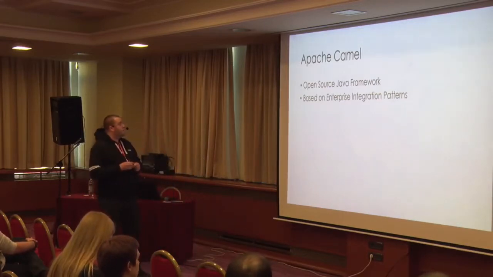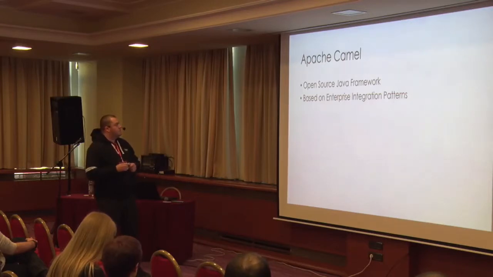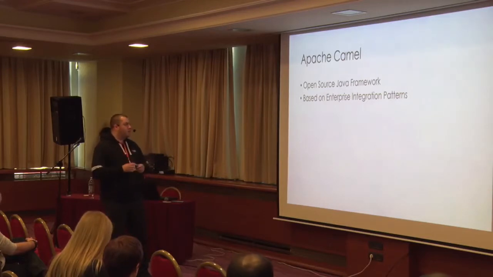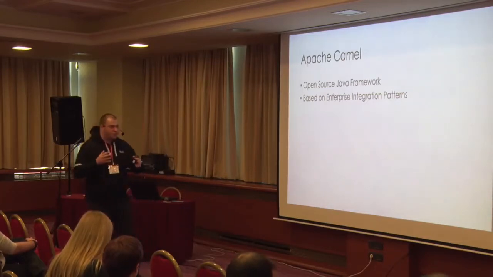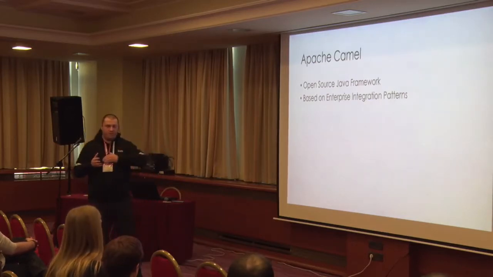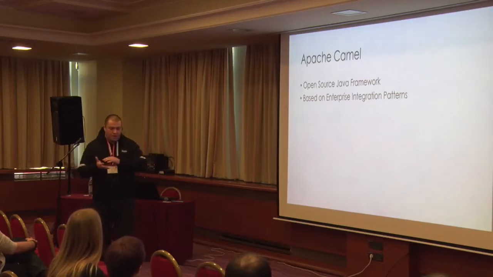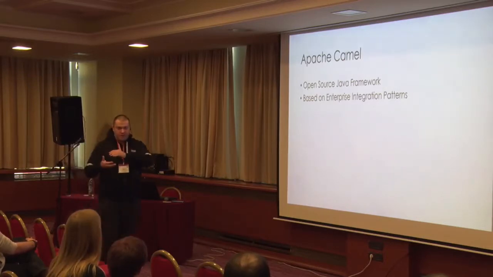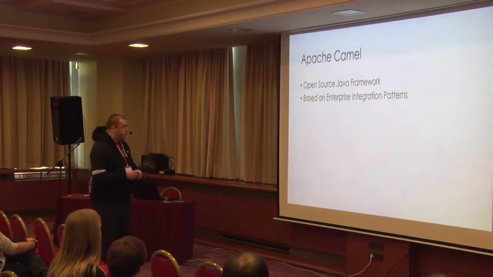How did Apache Camel come to exist? People before had a lot of problems when they had certain endpoints and wanted to transfer information from one endpoint to another. Especially in Java, you need to strictly design the class, the object that comes out from one endpoint, and it needs to be exactly what the second endpoint expects, and the first endpoint needs to know about the second in most cases.